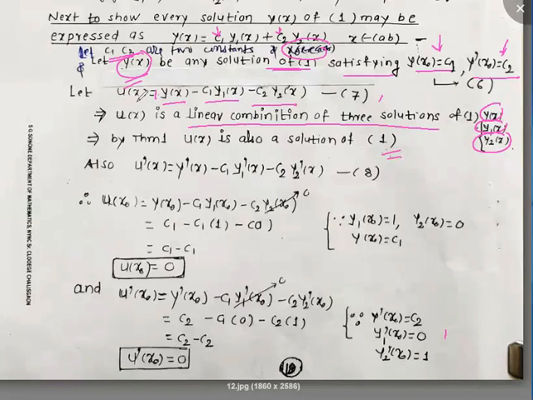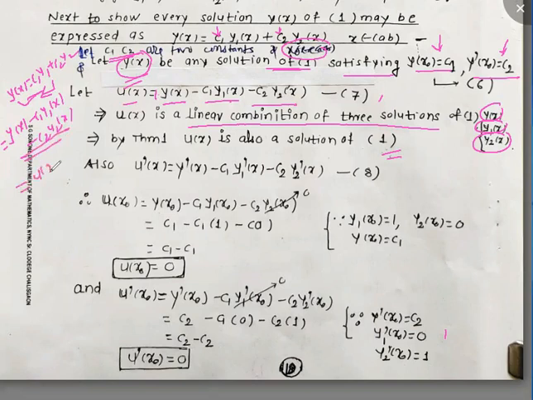So let u(x) denote this linear combination: y(x) minus C1 y1(x) minus C2 y2(x).